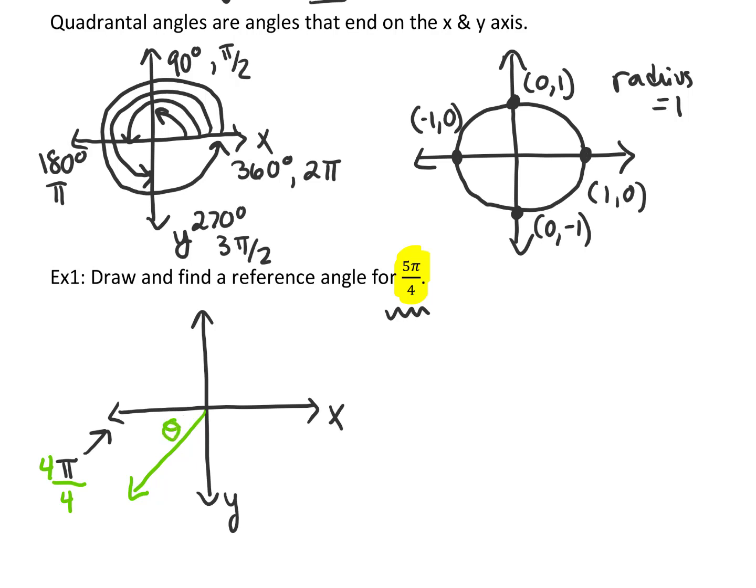Now how do I find the reference angle? Well, there's a bunch of different ways you can do it. Because I know that the angle is already rotating 4 pi over 4, how much further is it going to go to end up at 5 pi over 4?